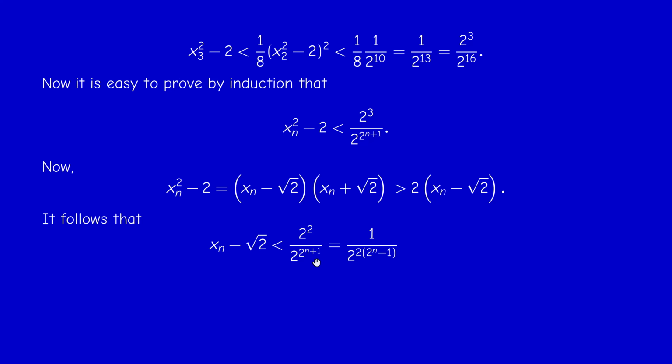So in the power here I get 2 to the n plus 1 minus 2, which is just, I can factor by 2, actually. So the power of 2 is 2 times 2n minus 1. And I can write that as 1 over 4 to the power 2n minus 1. Okay, so the power is 2n minus 1.